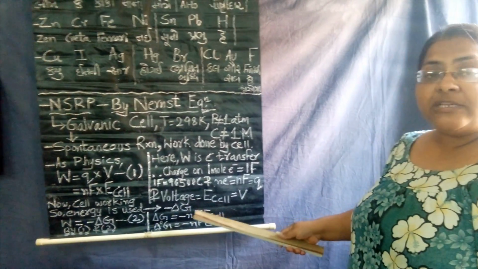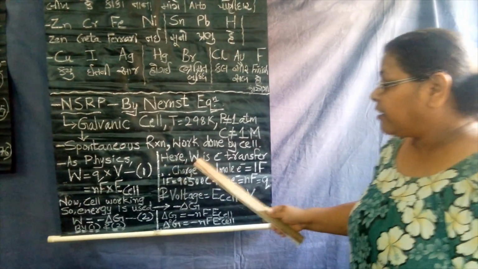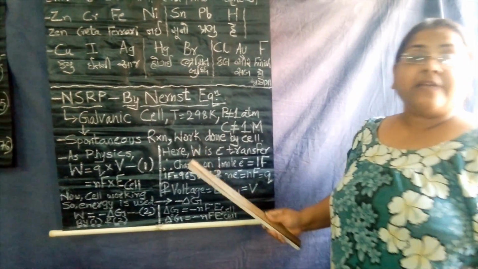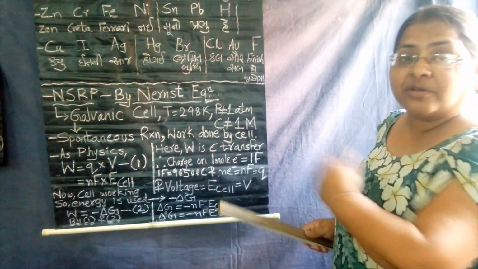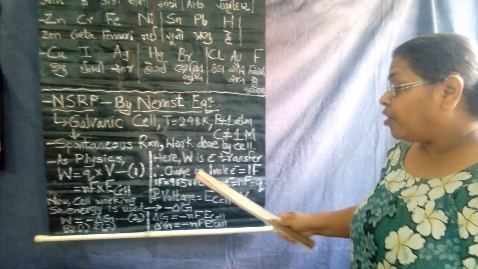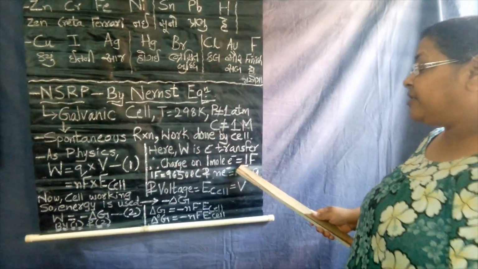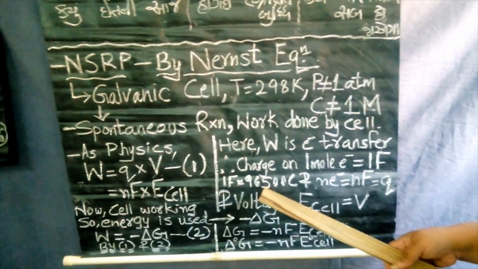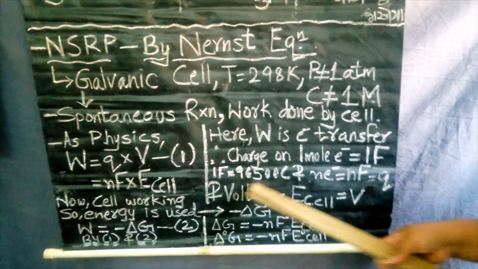So minus delta G. Now if I say work done is electron transfer, then what is that electron transfer carrying? The charge. So charge on 1 mole of electrons is considered as 1 Faraday. 1 Faraday is equal to 96500 coulomb. It is the standard value.